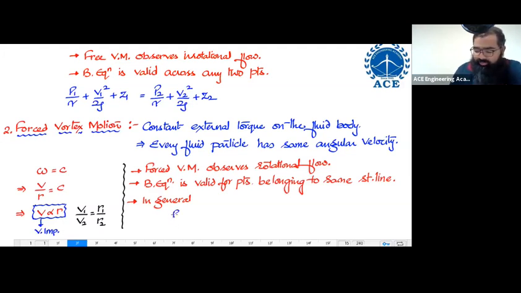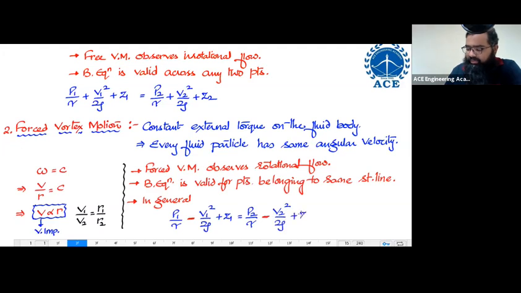In general, in the case of forced vortex motion, if you're having 2 points, you can write P1 by gamma minus V1 square by 2G plus Z1 has to be equal to P2 by gamma minus V2 square by 2G plus Z2.